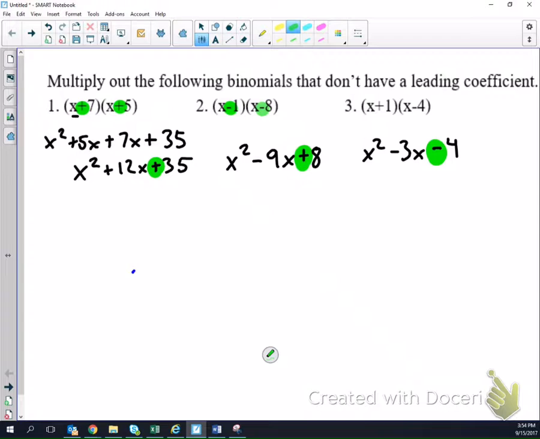Now, if both of them are going to be the same, we're going to look to this next, because that is going to tell us whether we were adding or whether we were subtracting. Okay, so here in blue, in the first one we were adding, we noticed we had a plus 12x.